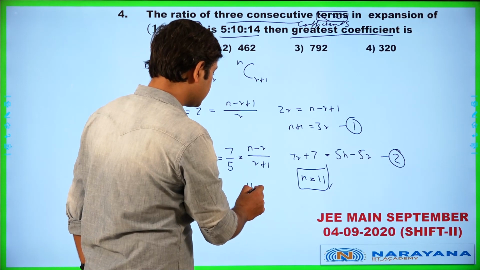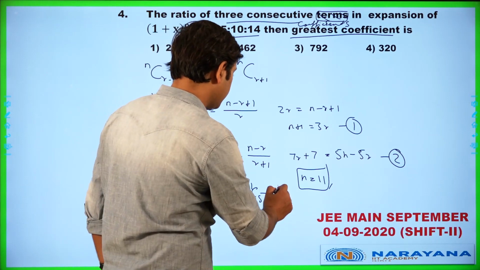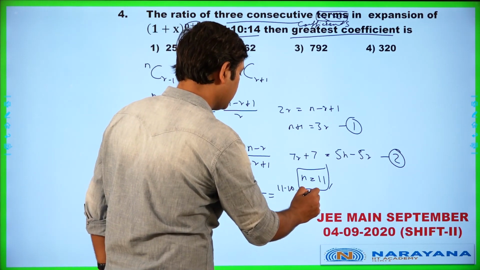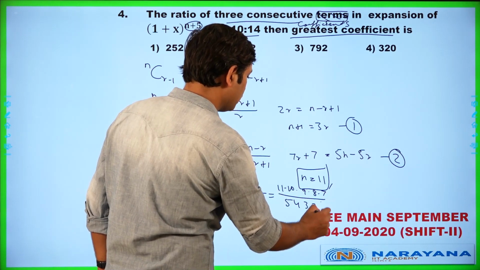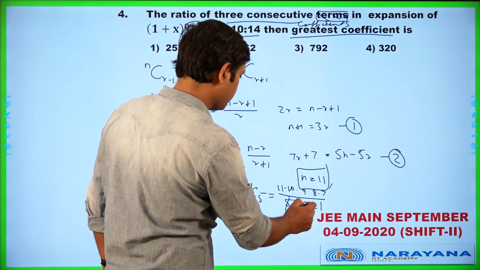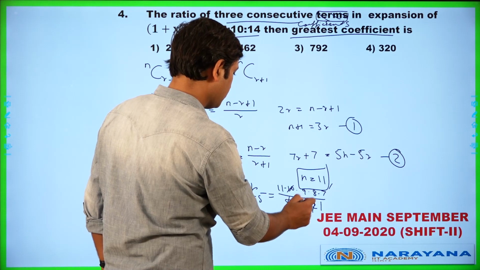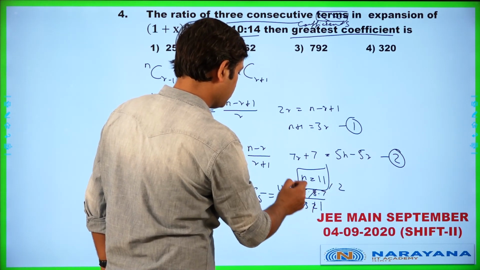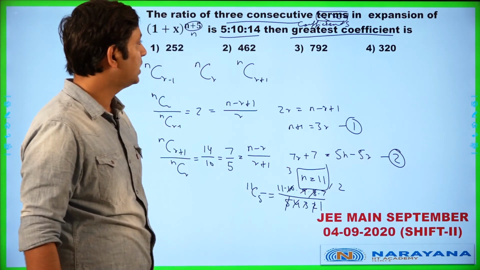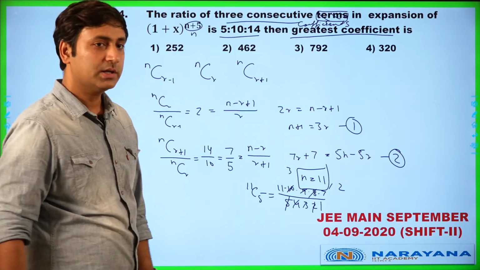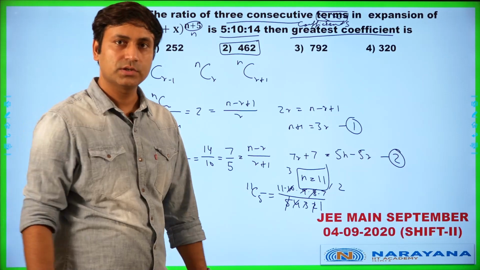We'll calculate 11C5. 11C5 will be 11, 10, 9, 8, 7 upon 5, 4, 3, 2, 1. It will be equal to 42 into 11, it will be 462. We'll mark that. We'll move on to the next question.